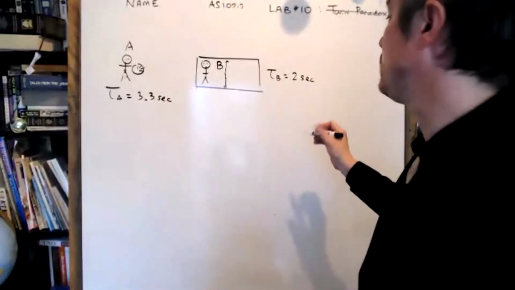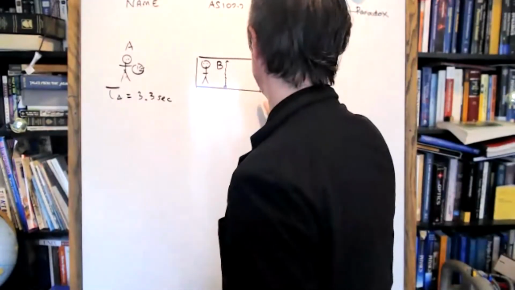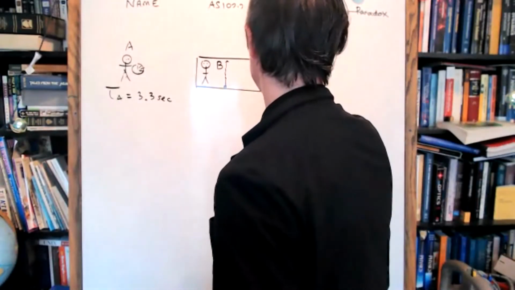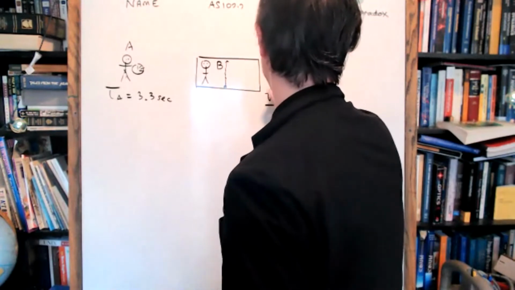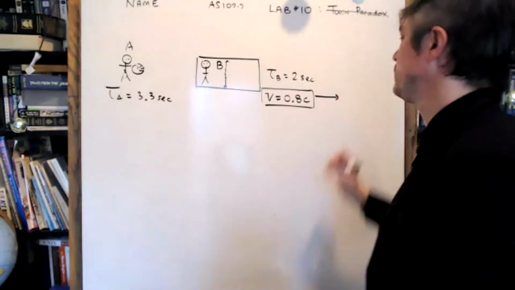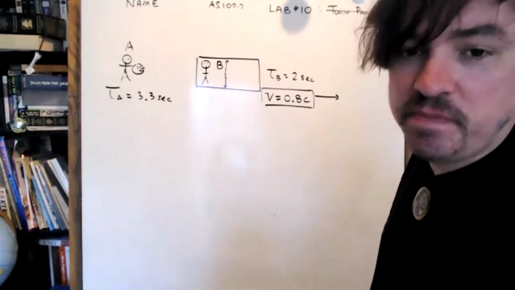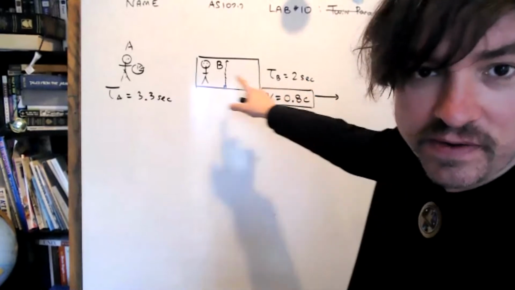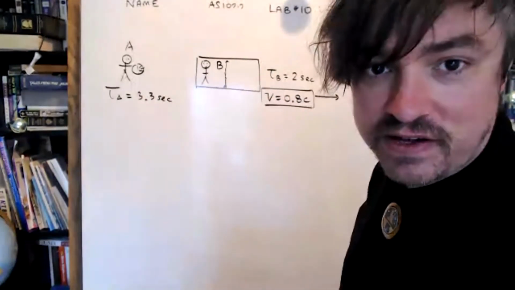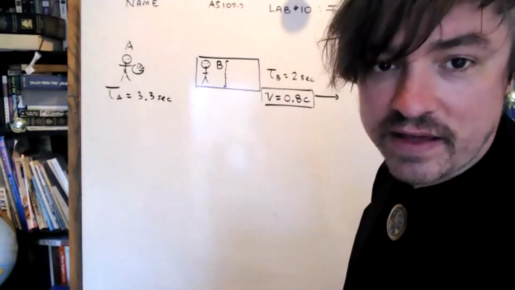And we decided that the moving clock, and we defined moving as the train car rolling forward at 80% the speed of light, that the moving clock ran slower than the rest clock, the clock at rest, correct?